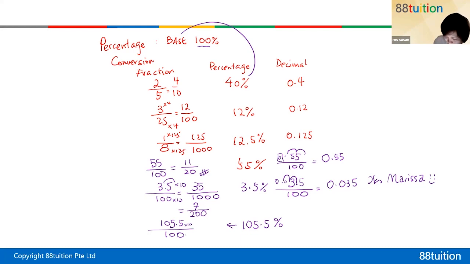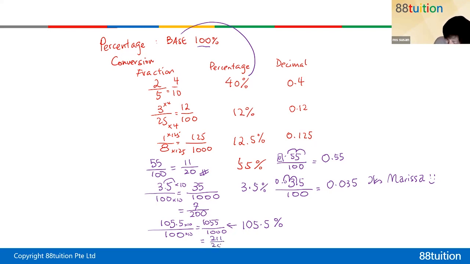So you times 10, you times 10. That is 1055 over 1000. Then you can reduce it to the simplest form, divide by 5. Then you will get 211 over 200.